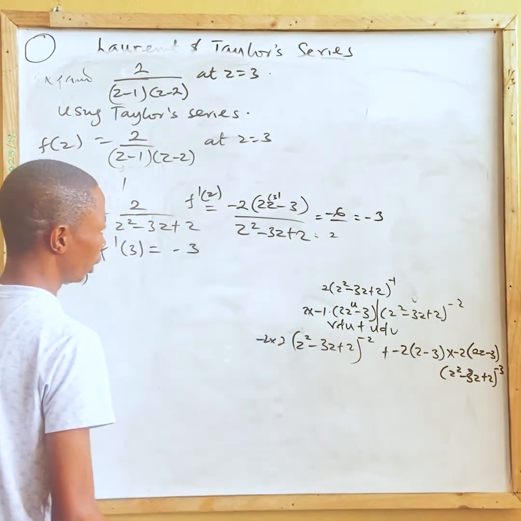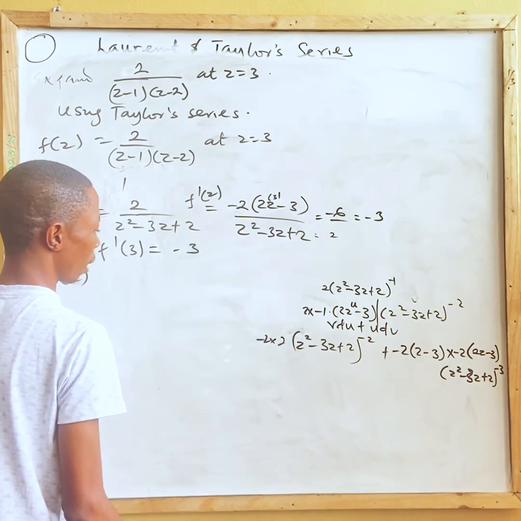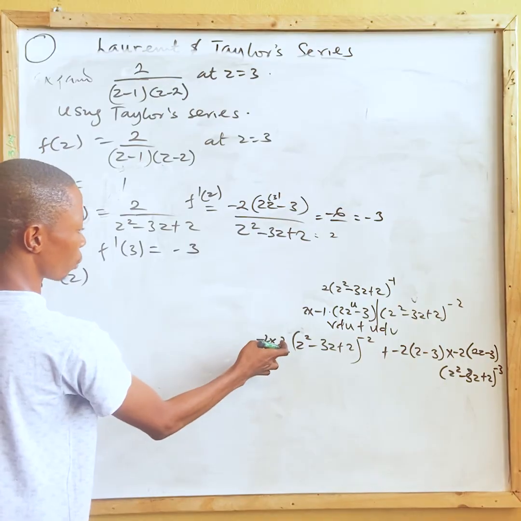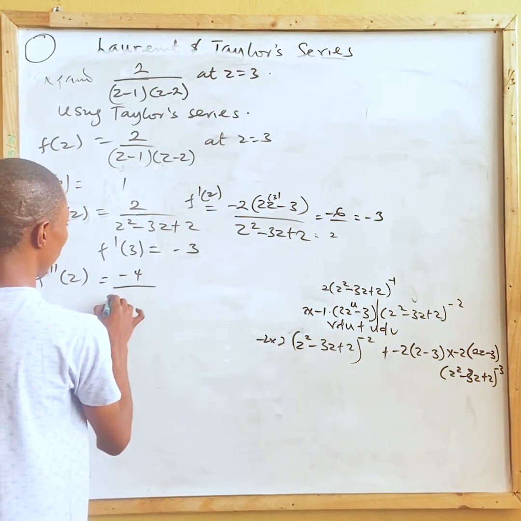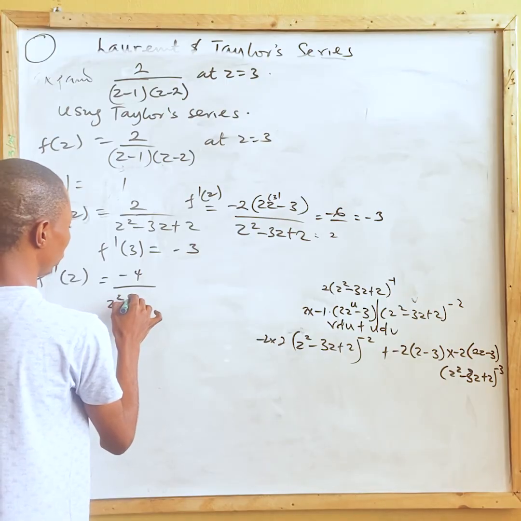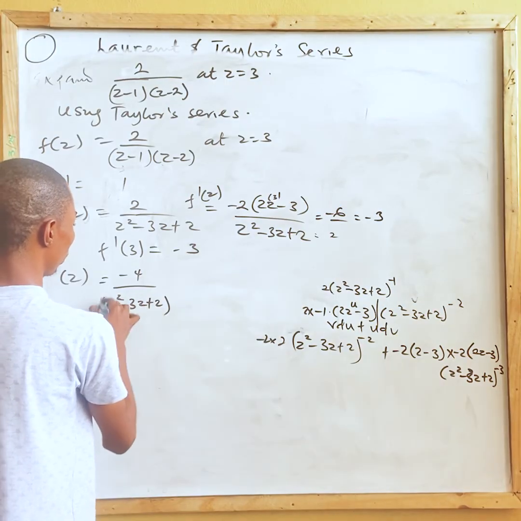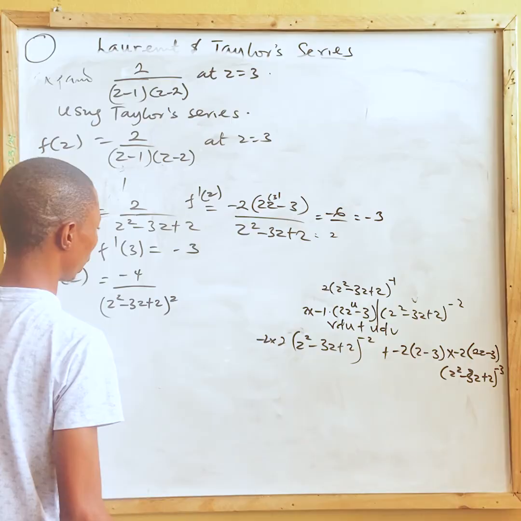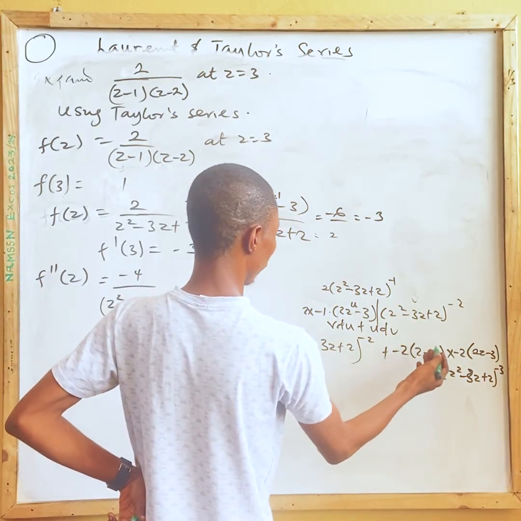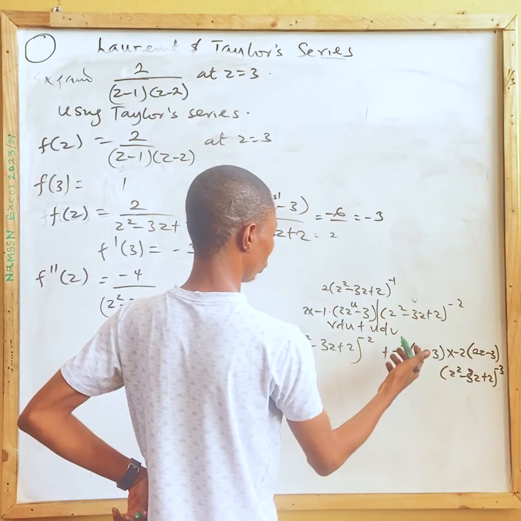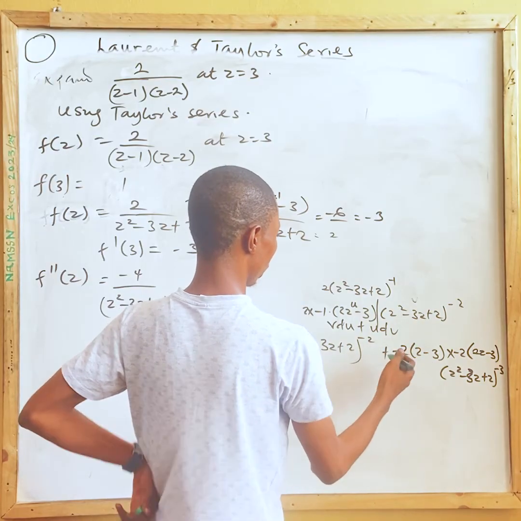So it is quite complicated. Just substitute the value. Well, let's write it out. This is a minus 4. This will be minus 4 over z square minus 3z plus 2 all squared, because if I raise this one down, that's all squared. And then what is this?